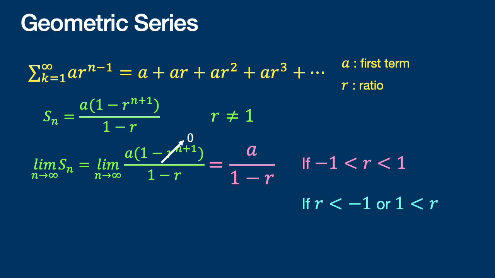However, if r is less than negative 1, or r is greater than 1, this one never gets close to any number, which means it diverges. So the geometric sequence gives one of the simplest but most popular convergence tests.